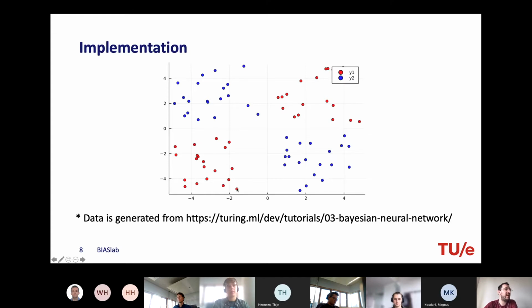For example, if we check this one, the feature of this instance is -2 and -4, the coordinates of this instance, and the output is going to be red. We have either red dots or blue dots, and we would like to classify these instances. So this is the input and output for this neural network.